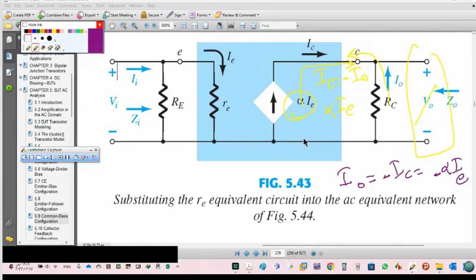If I want to flip the voltage, it's common emitter.